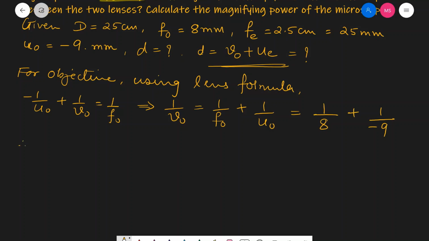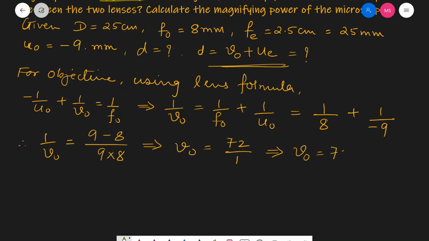So therefore 1 by VO will be equal to, if we take LCM, 9 minus 8 over 9 into 8, or you can say that VO will be equal to 9 into 8 is 72 by 1. This implies that VO is 72 mm.